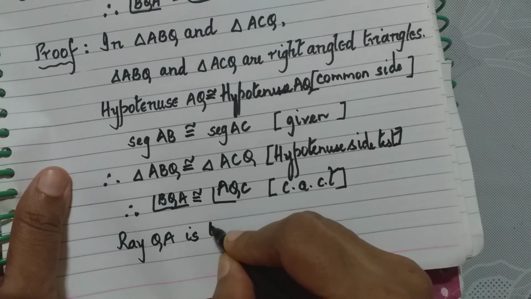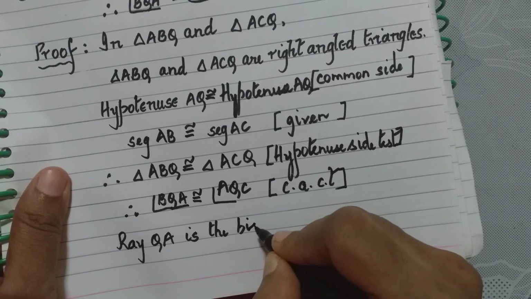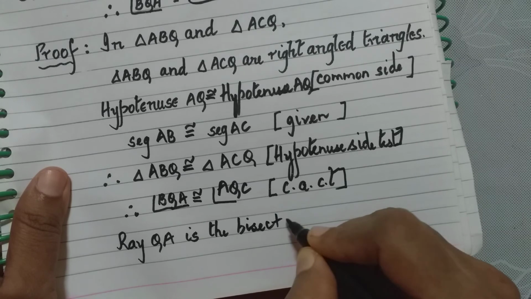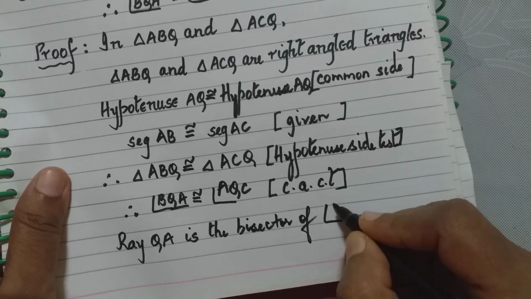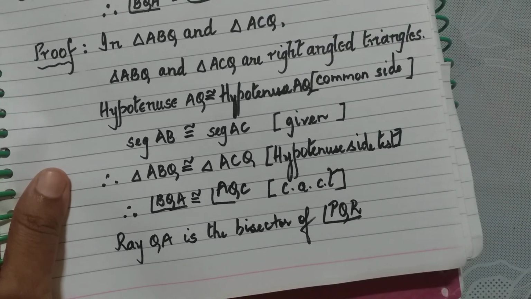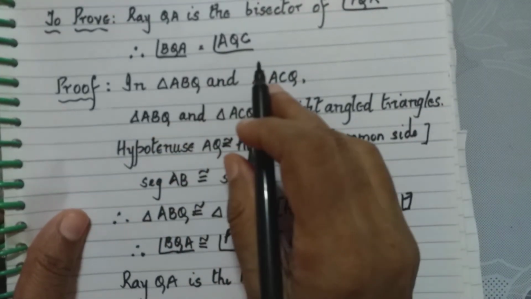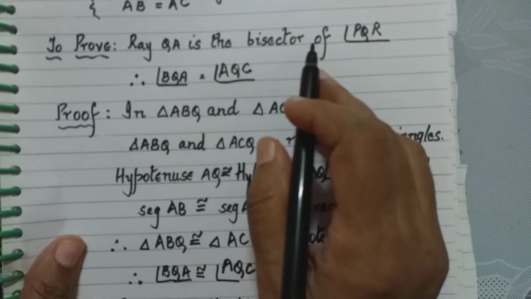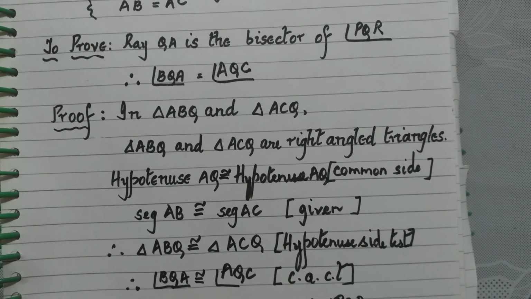So ray QA is the bisector of angle PQR. Okay, so that is what we had to prove. Ray QA is the bisector of angle PQR.